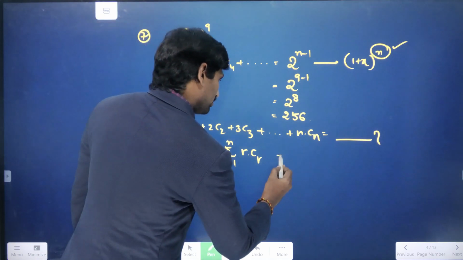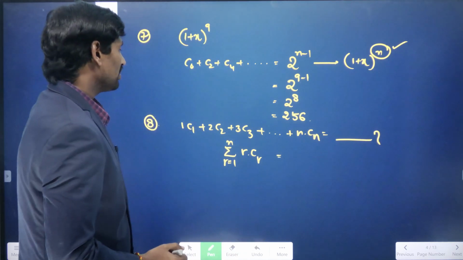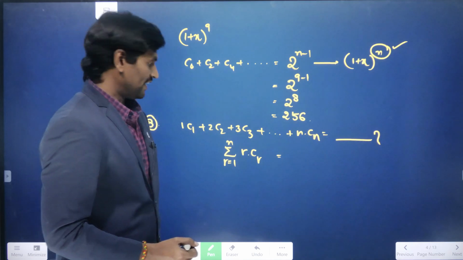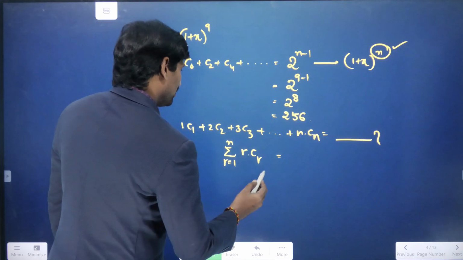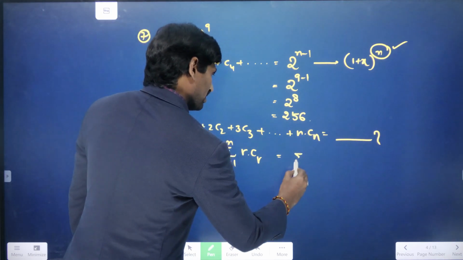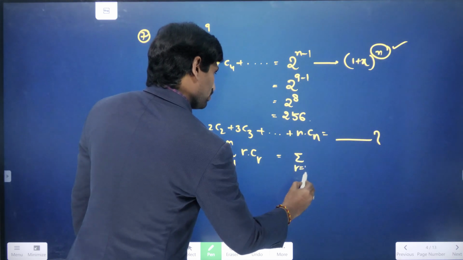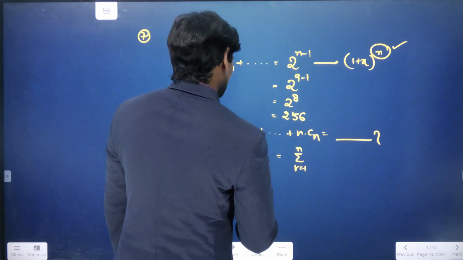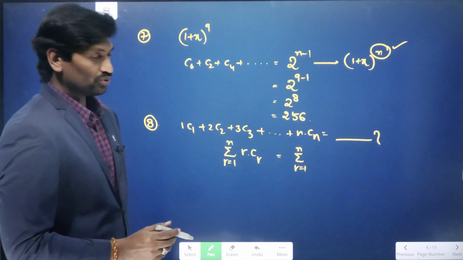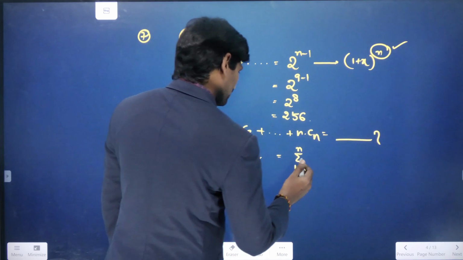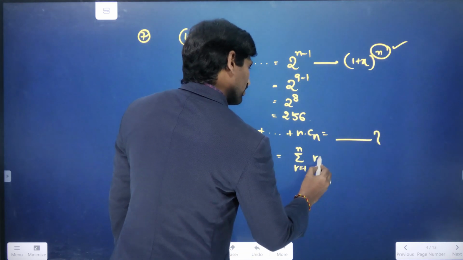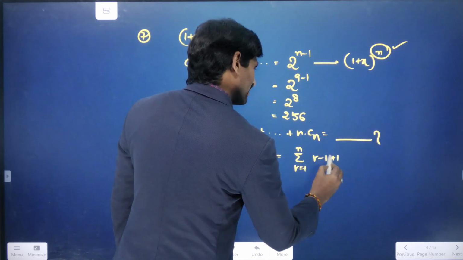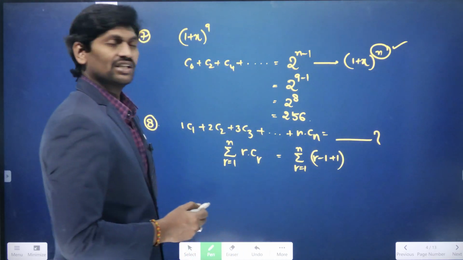So that is equal to, we can expand this as sigma r equals 1 to n, r into Cr. R into Cr, we can write r as r minus 1 plus 1. Can we write r as r minus 1 plus 1?